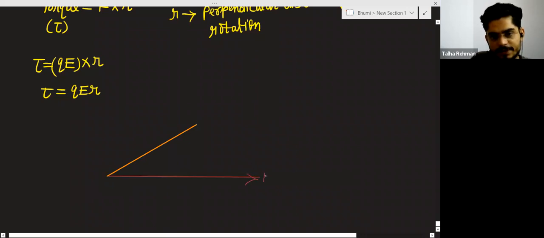This is the direction of electric field, and this is the dipole, minus q, plus q, and this electric field is making an angle theta, and this is perpendicular. I am supposing this as O.